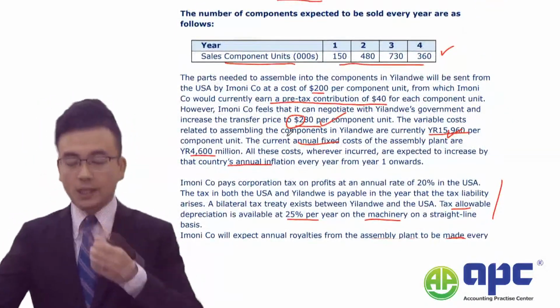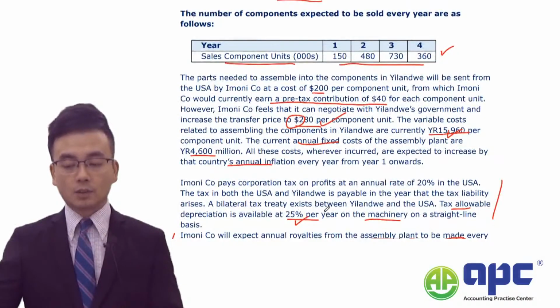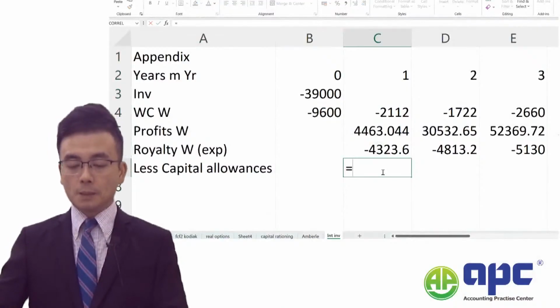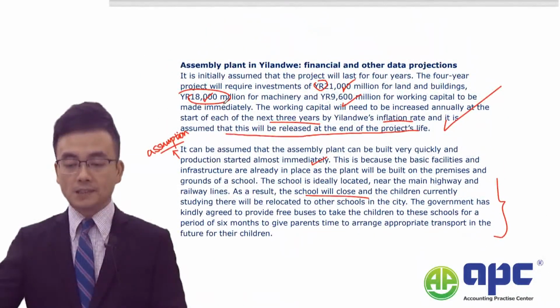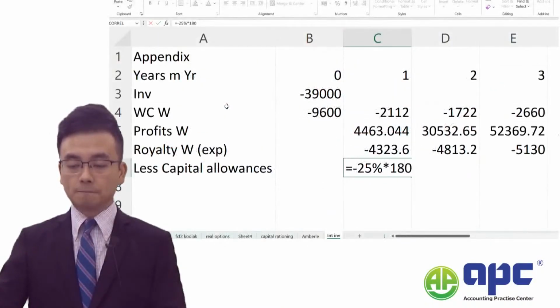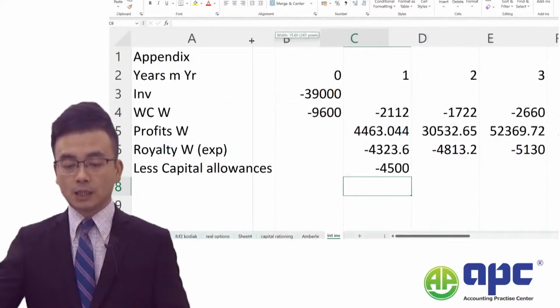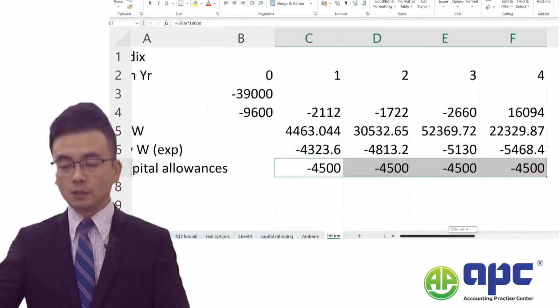So we take 18,000 times 25%, on a straight line basis, so on cost. So that would be minus 25% times the 18,000 for machinery. Those are the capital allowances for each period.